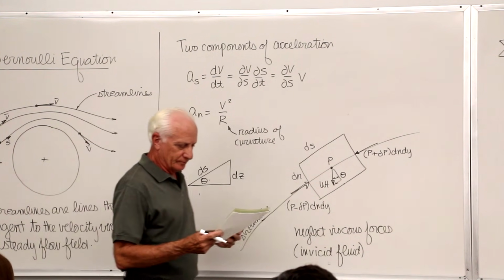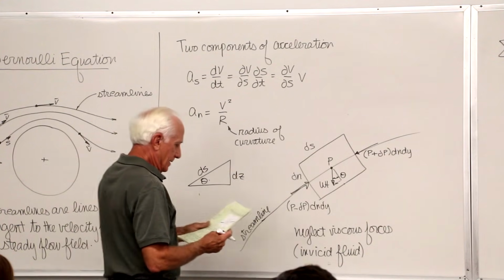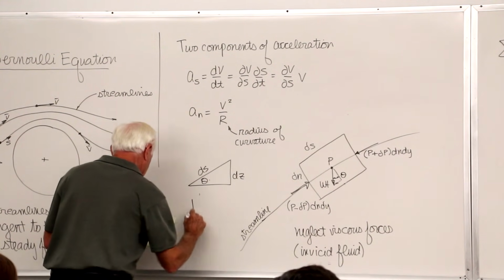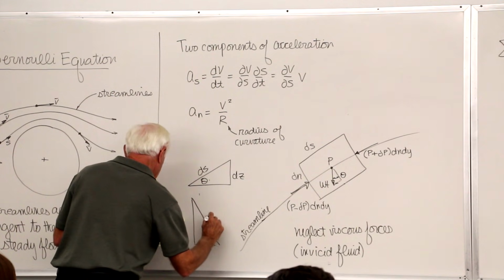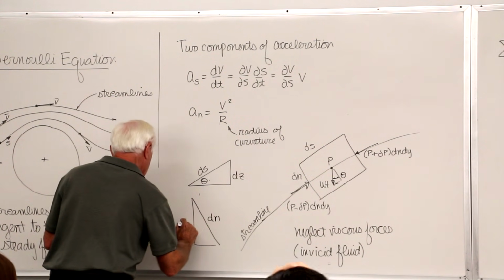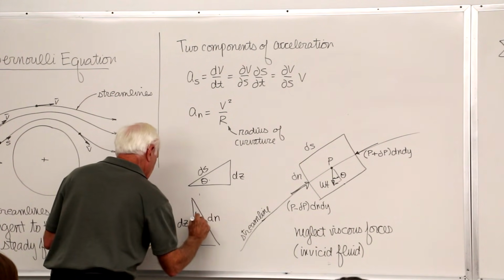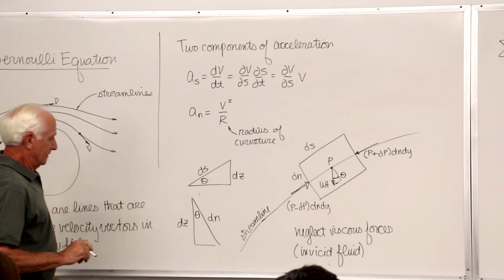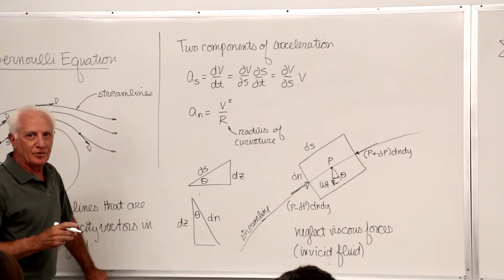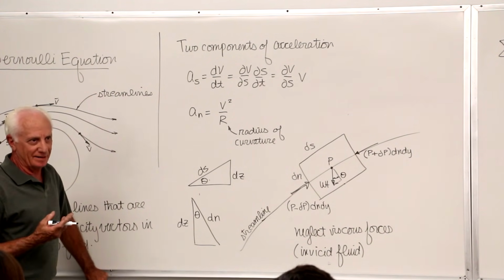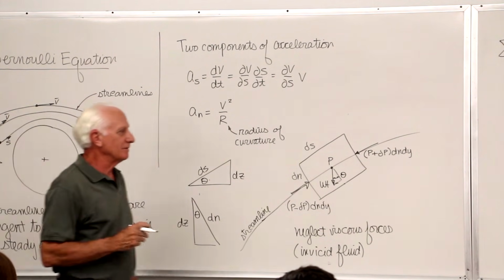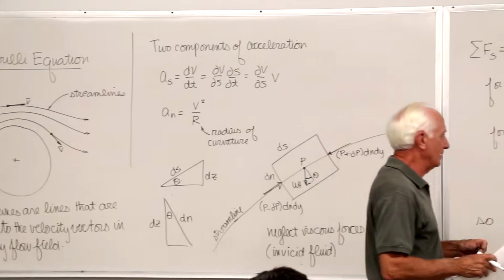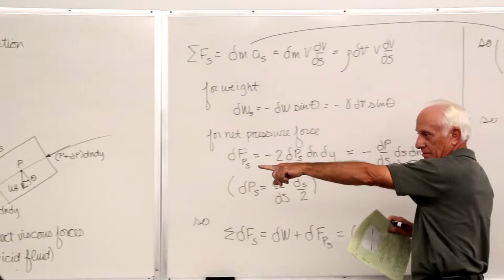I'll draw one more, with dn, dz, and theta. Cosine theta is dz over dn. You can play those games to get rid of the sine theta. Just go back and look at the geometry again. Thanks for mentioning that, Ron, because it looks like it disappeared. It didn't disappear. I replaced it with a differential.